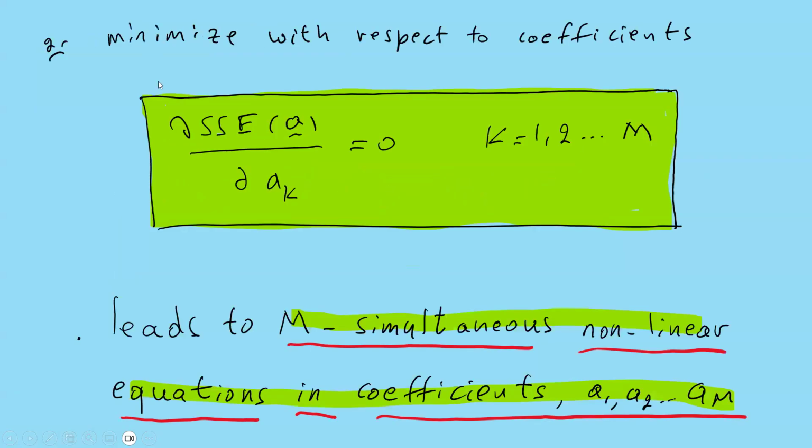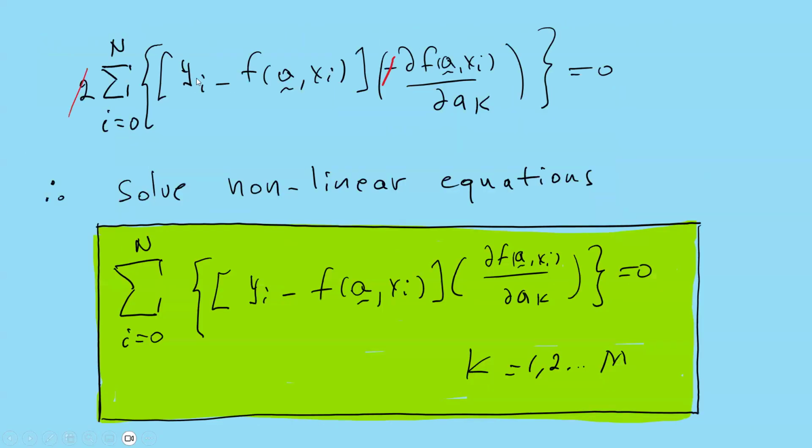Then we minimize the SSE with respect to the coefficients, okay, which leads to m simultaneous nonlinear equations in the coefficients a0, a1 to am. For example, this is the general equation of the SSE, the partial derivative of the SSE with respect to the ak coefficients, okay? And now we are solving these nonlinear equations.